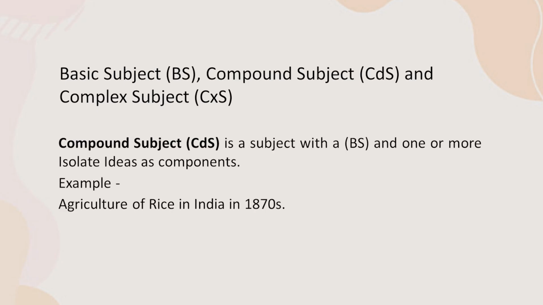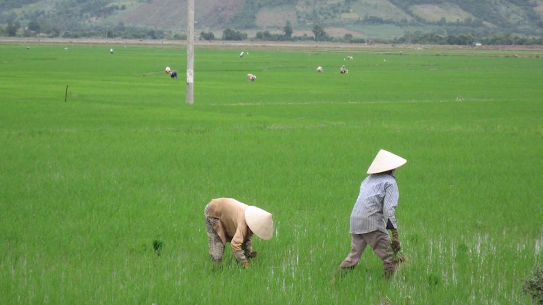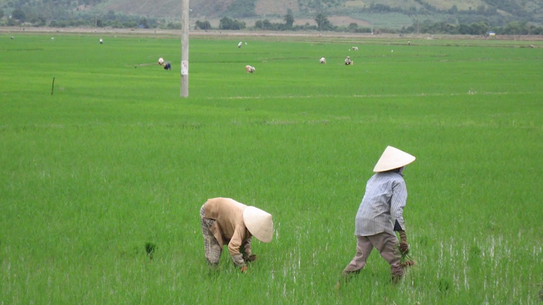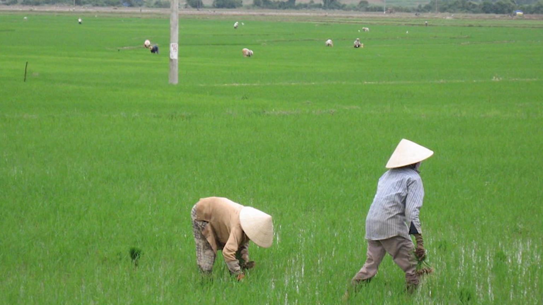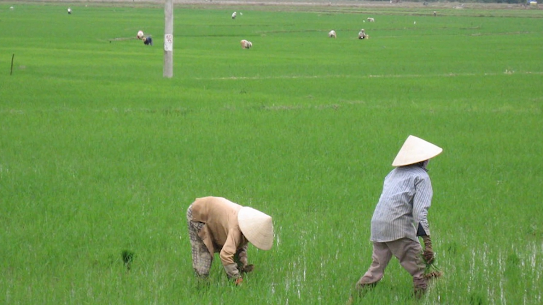Compound subject is a subject with a basic subject and one or more isolate ideas as components, such as agriculture of rice in India in 1870. Here the basic subject is agriculture, and rice, India, 1870 are the isolate ideas that go with this basic subject agriculture.